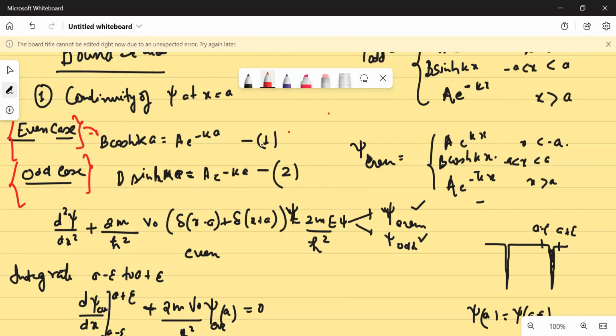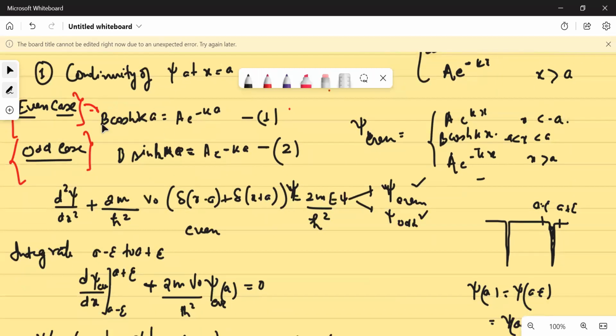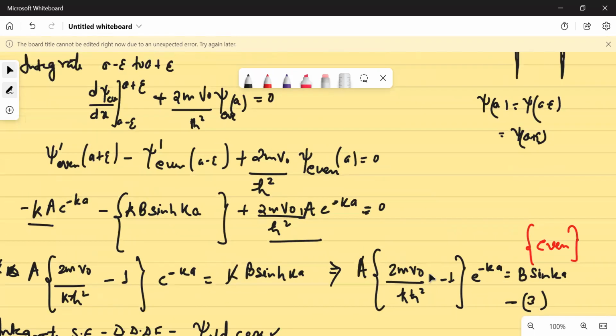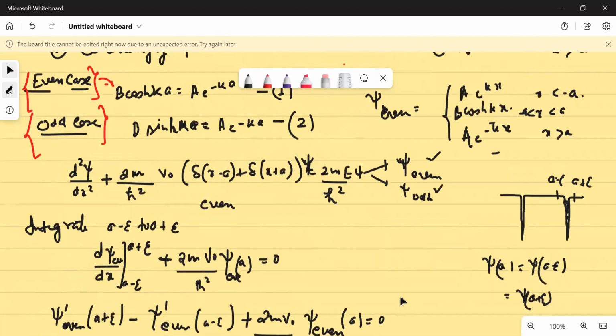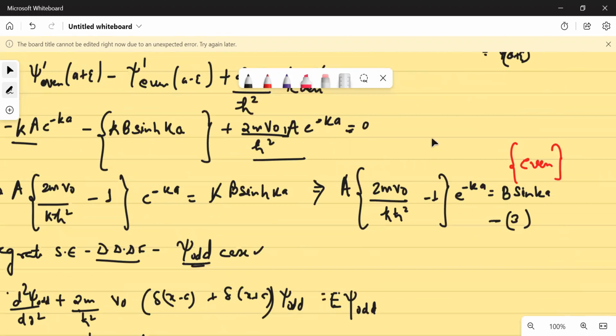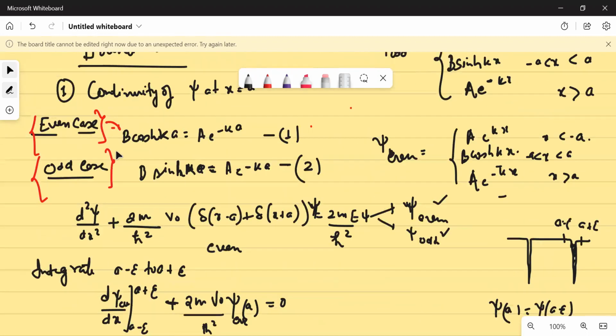Similarly, I should do it uniformly, right? Because this is a solution for the odd case, and the fourth one that we obtained is from the odd case. So I would prefer dividing 3 by 1, because 3 is an even case and 1 is an even case.